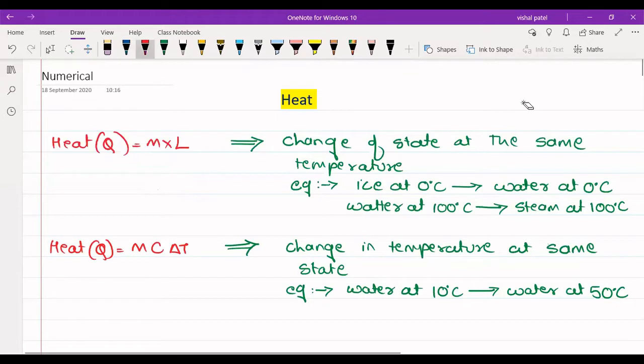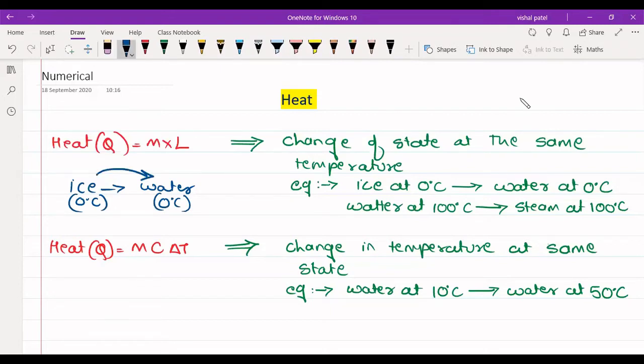So always remember, whenever there is a change of state, from ice to water, the temperature is 0. Means I will have ice at 0 degrees Celsius and water also at 0 degrees Celsius. So what happened is only the state changed, from solid to liquid.